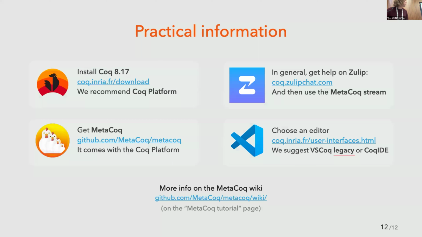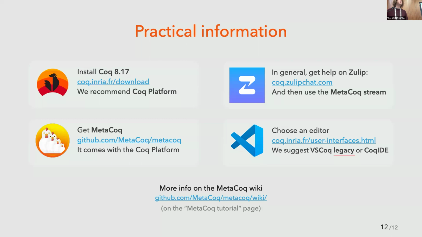Some practical information. We hope that you have Coq installed. If you do not, then we recommend that you use the Coq platform to install everything. We suggest Coq 8.17, but 8.16 or 8.18 should probably work as well. We have a dedicated thread on the Coq Zulip, so you can join and ask questions.